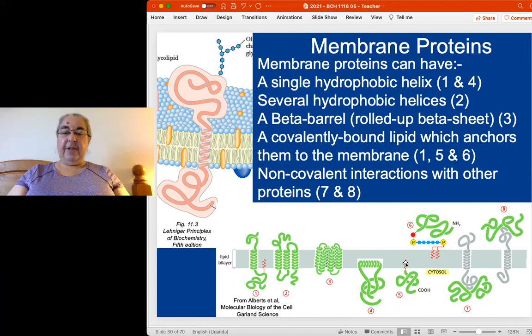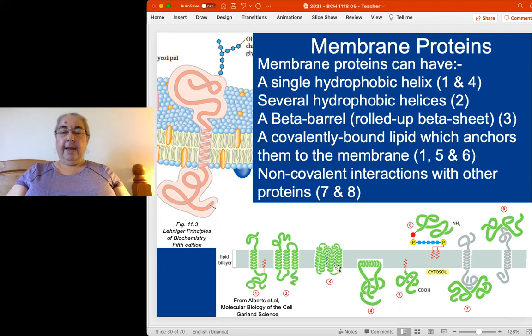And we see the same thing here and here. This protein, number 2, has several alpha helices. So it has a hydrophilic part, a hydrophobic helix, a hydrophilic loop, a hydrophobic helix, a hydrophilic loop, a hydrophobic helix, and another hydrophilic part.